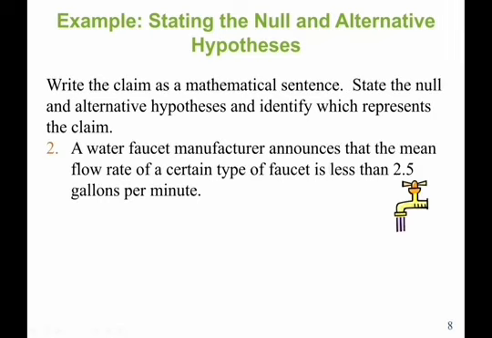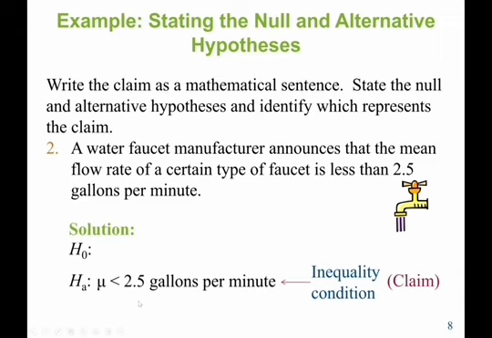Here we say a water faucet manufacturer announces that the mean flow rate of a certain type of faucet is less than 2.5 gallons per minute. So this will be our claim. So again, since the mean flow rate of a certain type of faucet is less than 2.5 gallons per minute, our HA will be mu is less than 2.5 gallons per minute, because it's an inequality condition.